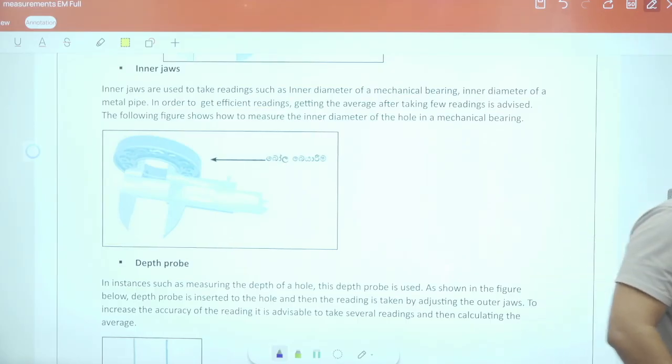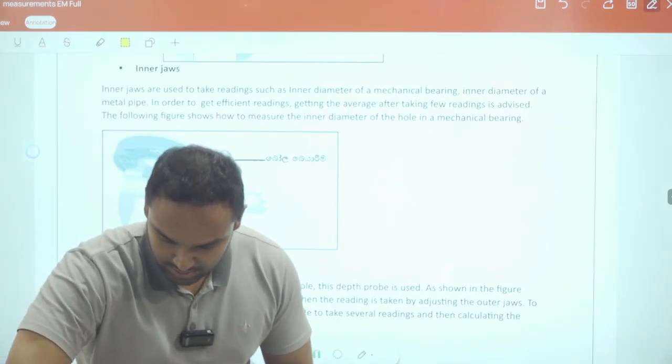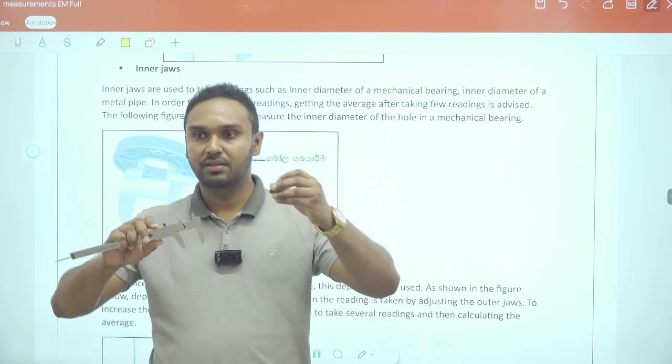Now we'll take something like this. I'm going to measure the inner diameter of this one. So how do you measure the inner diameter of this one?